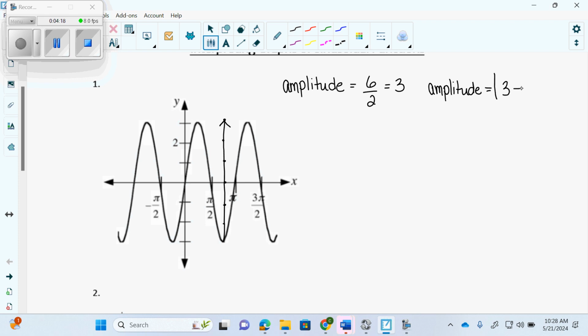What's the minimum? -3 divided by 2, which is 6 divided by 2, which is 3. Same answer, correct? So we can just use the formula as well, because 3 minus a minus 3 is 6. Okay?